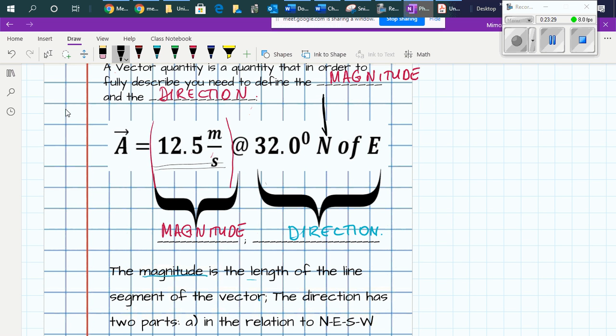And the answer to that question will be the first letter. So the answer to this question will be, it's going north. Good. And to go north, you have two options. You have the option to go from east, and you have the option to go from west.